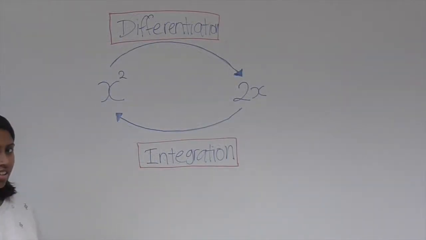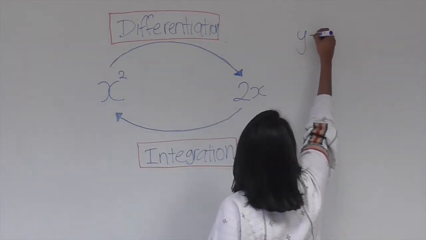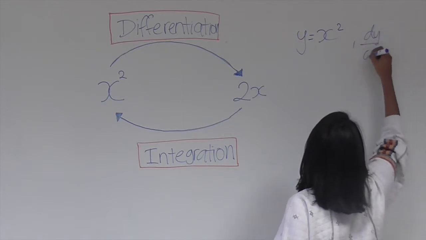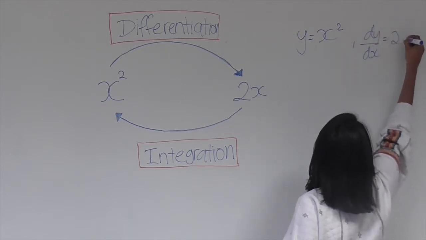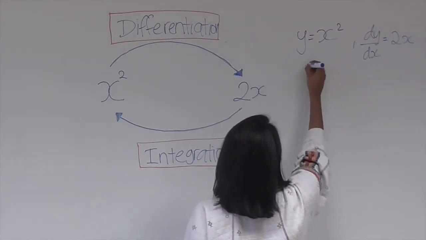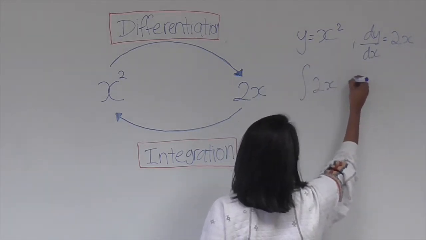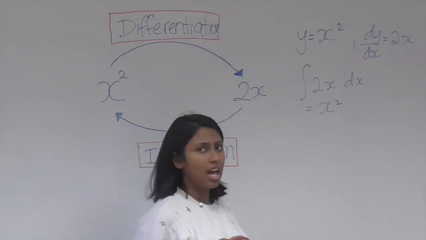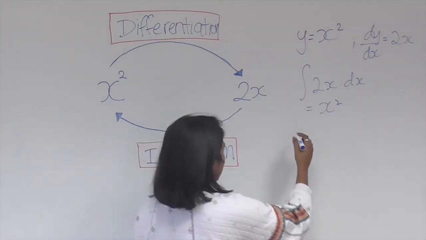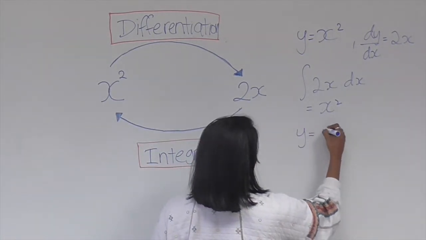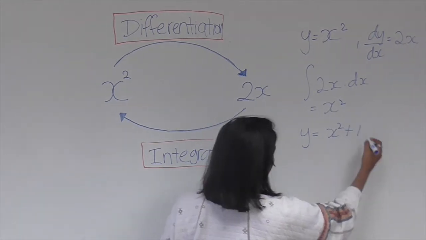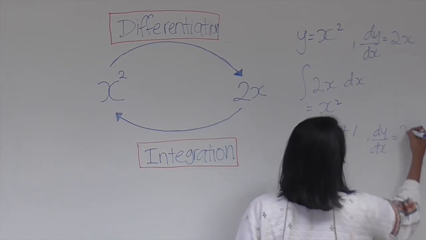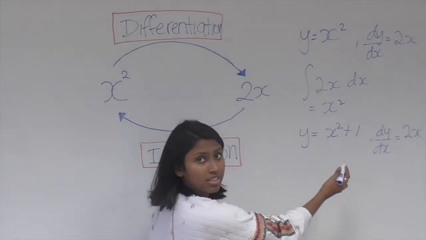So let's do this together, right? If we have our function y equals x squared, we know that our dy by dx is 2x. And if we integrate 2x by dx, we come back to x squared. But what's going to happen if we have a different function which is similar? So if we have y equals x squared plus 1, our dy by dx is still going to be 2x because our constant disappears.